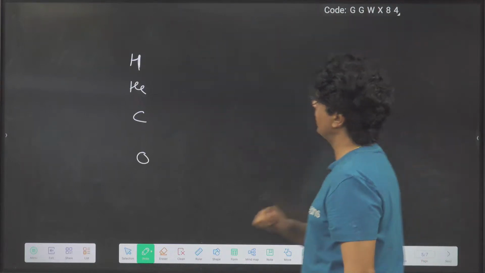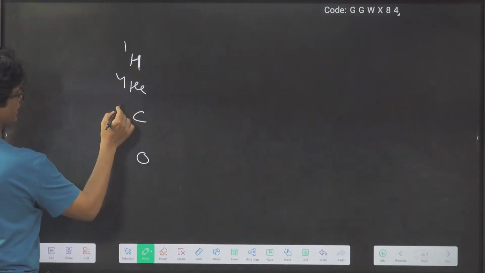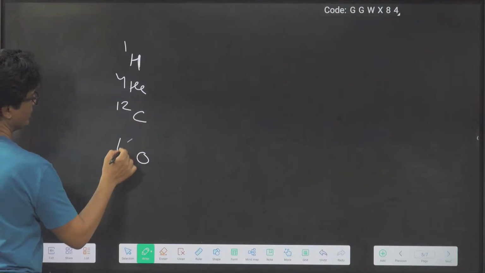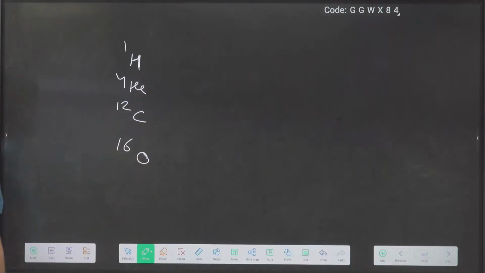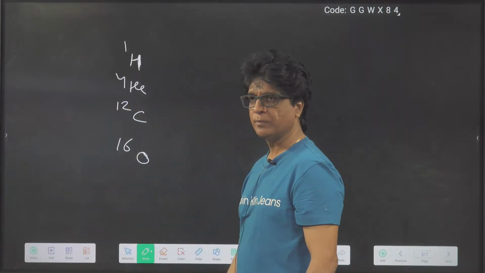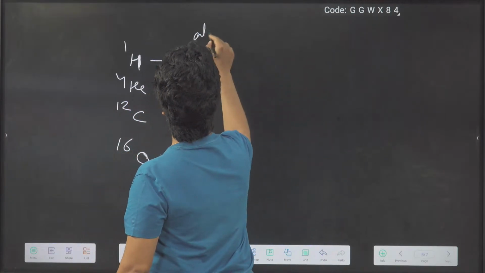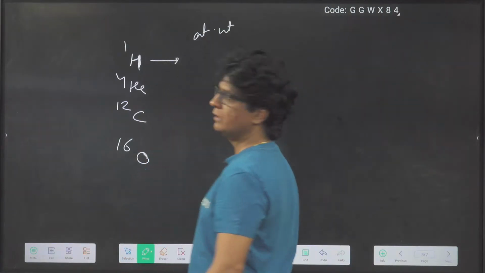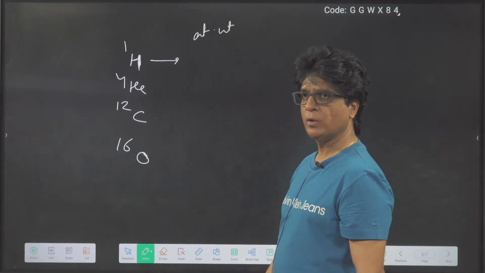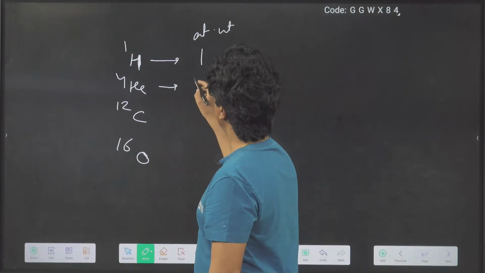So here, I'm writing the mass numbers as 1, 4, 12 and 16, right? Getting it? So if I take one hydrogen atom, what will be its atomic weight? It will be say 1. How about this one? It will be 4.